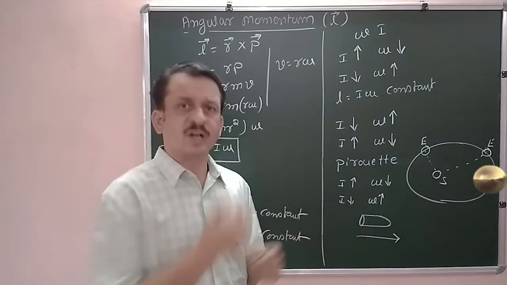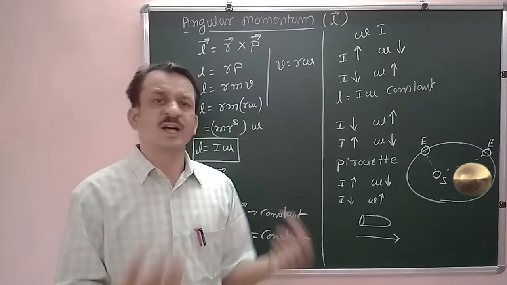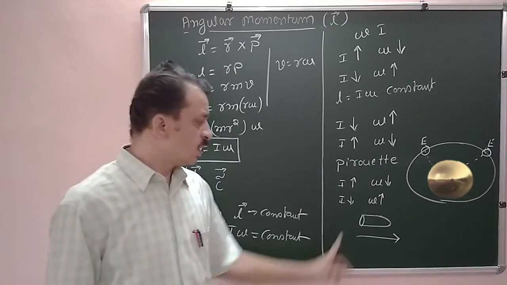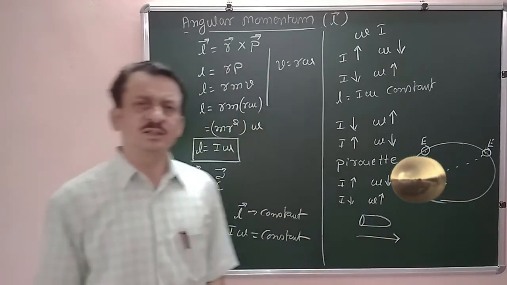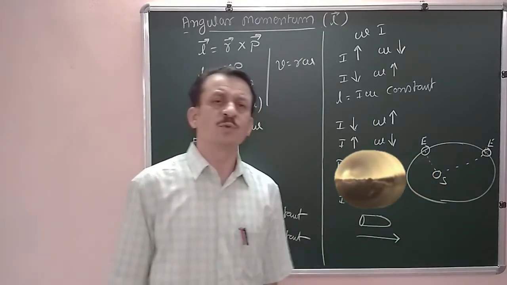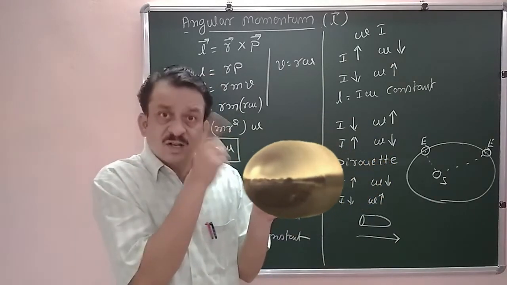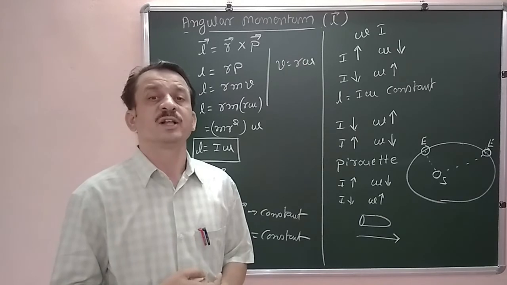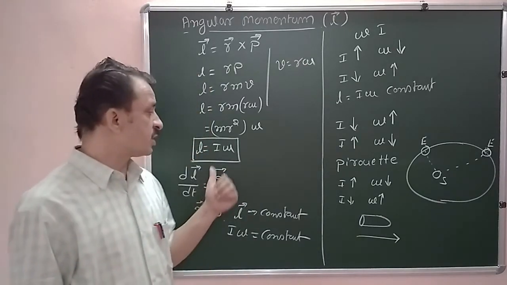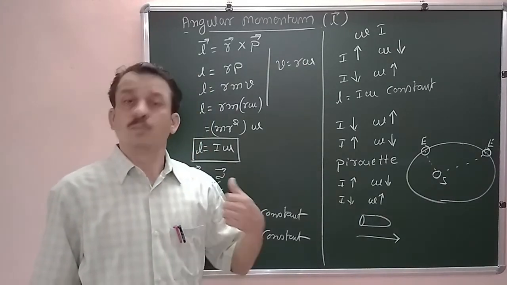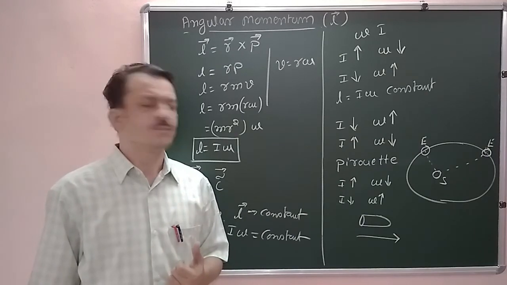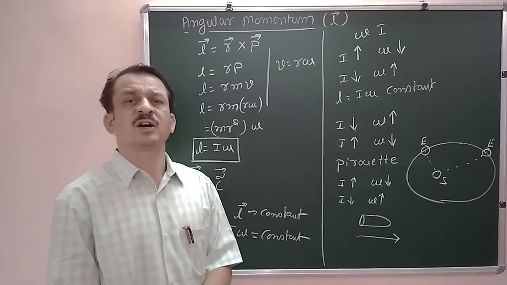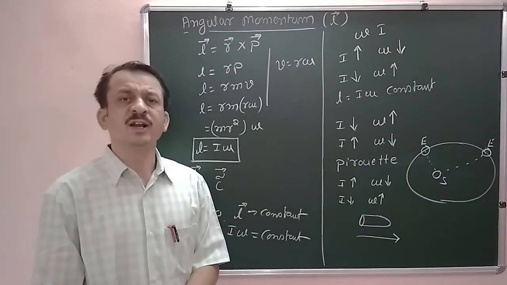If it is not rotated, then obviously its direction changes. When a bullet is fired from a gun, it not only has a linear motion, it also possesses a rotatory motion. That bullet is going to rotate based on the conservation of angular momentum. Now these are some examples for the conservation of angular momentum.